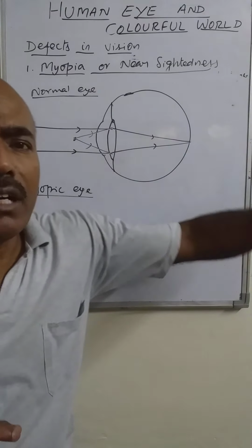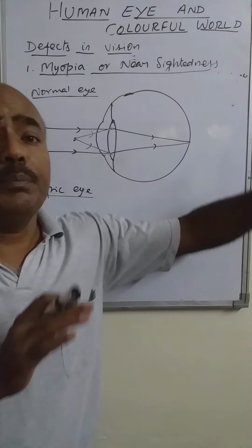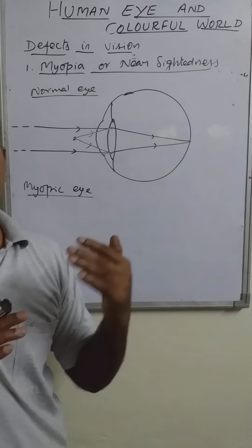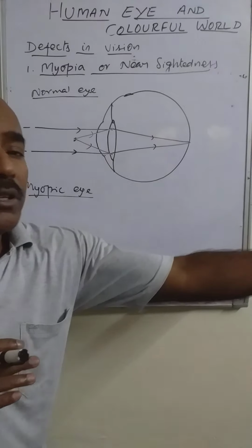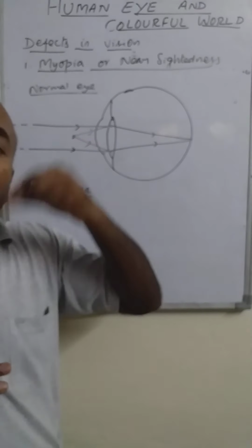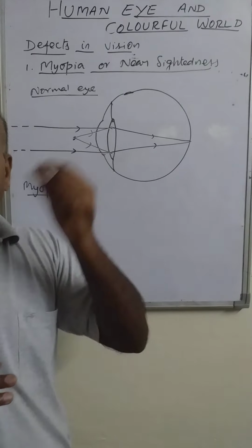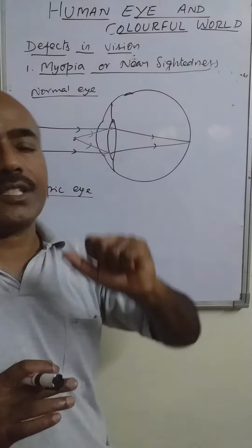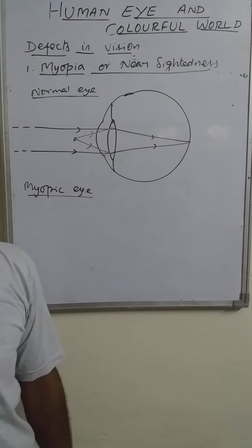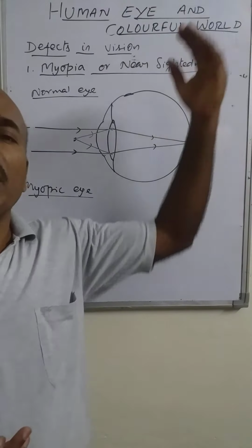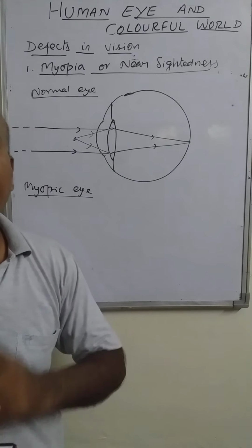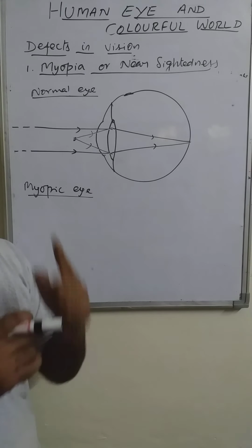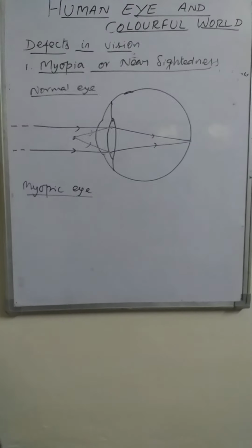But for the longer time, what was practiced? We practiced to see the object at a short distance with the powerful radiation. In that case, the eye lens fixed its focal length, means its elastic nature is fixed. Later on, we are not able to see the longer distant object. That means the eye lens is not able to increase the focal length. That's why the eye lens is not able to see the longer distant object.